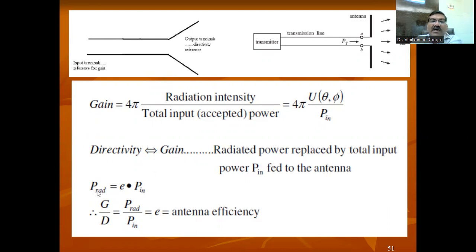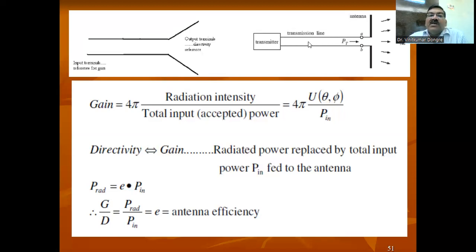So gain upon directivity, that is P radiated upon P in, equals the efficiency of the antenna. If you know the gain and directivity of the antenna, then you can calculate its efficiency. Even the most efficient antennas may be only 60 or 70% efficient.